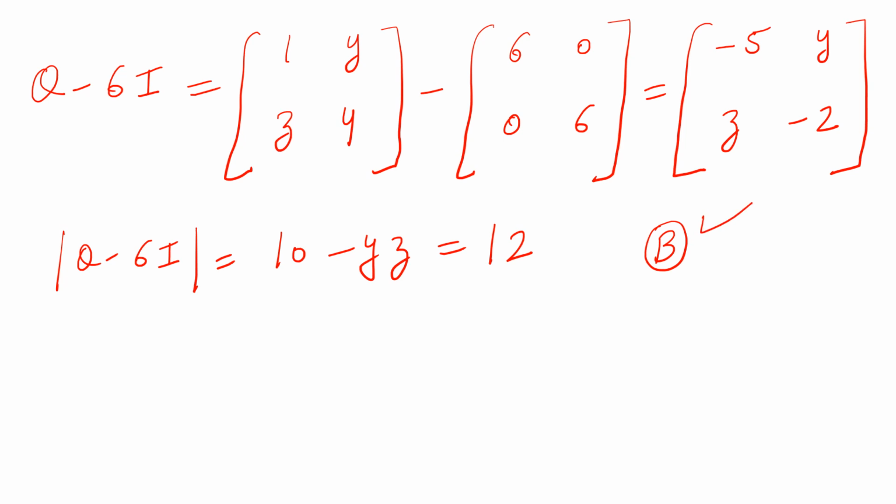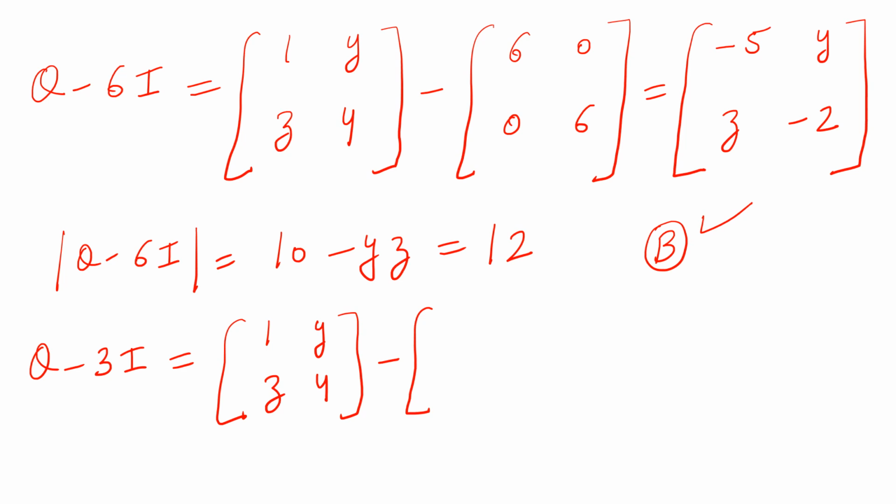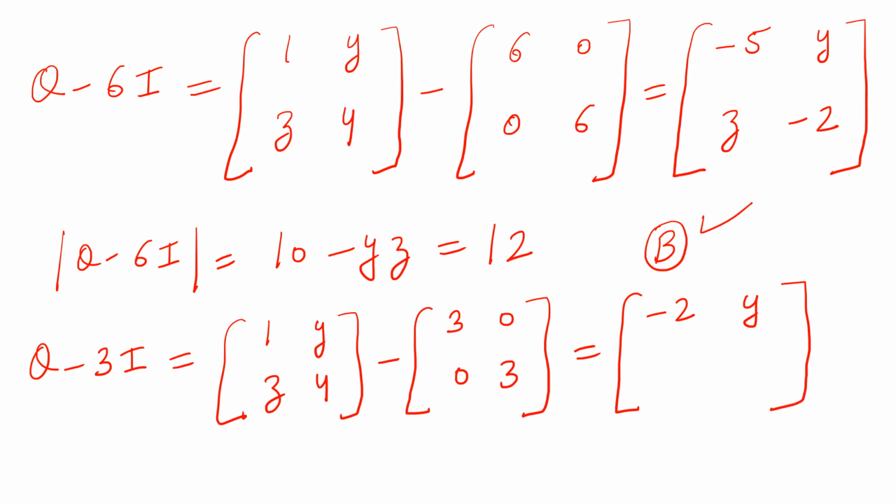Now students, we consider option C. Now option C says the determinant of q minus 3i is 15. Now let's find the matrix q minus 3i. Now matrix q minus 3i will have the elements minus 2 and y in the first row, and in the second row elements are z and 1.